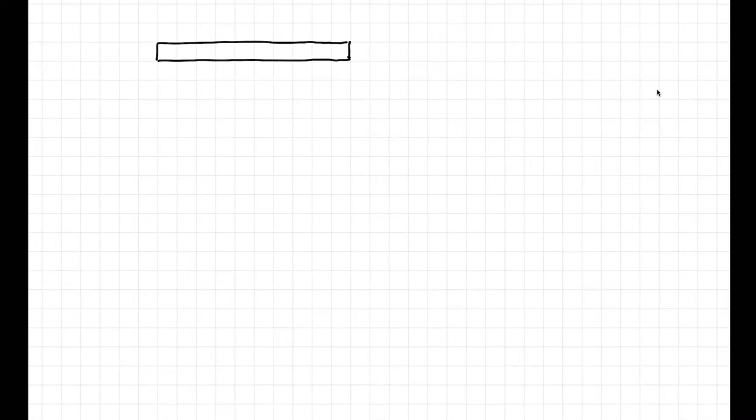So I've got a 1D rod, and it has constant linear mass density, lambda, which is just the total mass of the rod over the length of the rod. So I'll define length here, L, and mass, M. And I'm going to ask, what's the moment of inertia of this rod if I rotate it about its end? So here's the axis of rotation right there.